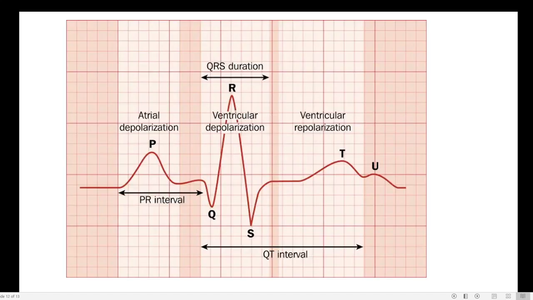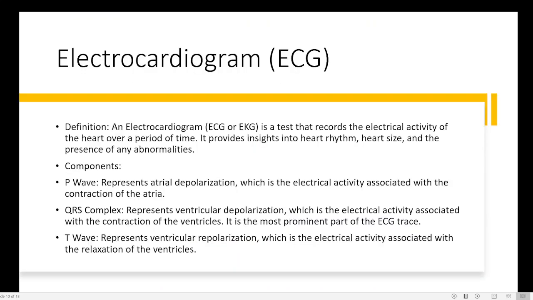Now if we enlarge that picture, you can see that there are different types of waves. One is the P wave, the QRS wave, the T wave and the U wave. So these are the normal types of waves which are present in an ECG. The P wave represents atrial depolarization, which is electrical activity associated with the contraction of the atrium.